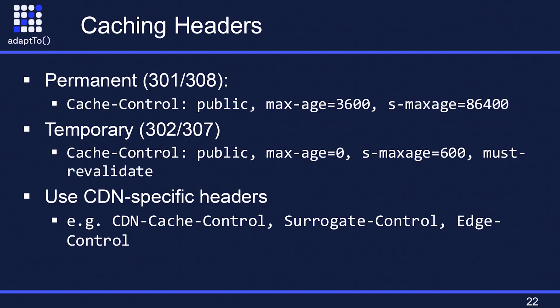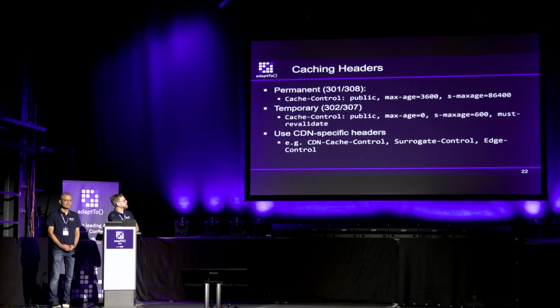We have CDN-Cache-Control, for example, which is used by Cloudflare. We have Surrogate-Control by Fastly, and Edge-Control by Akamai, if I remember correctly. And these are then stripped and target only your CDN.